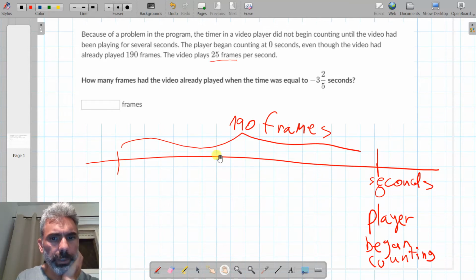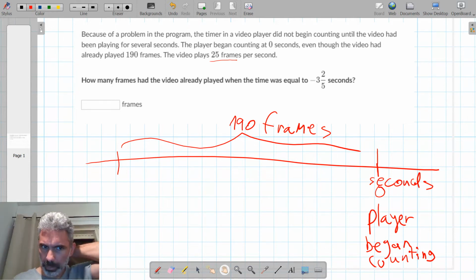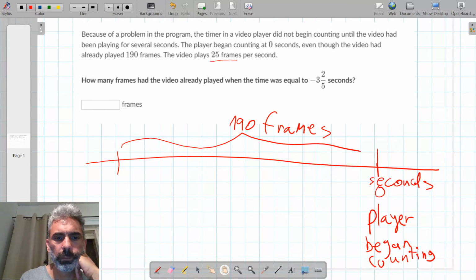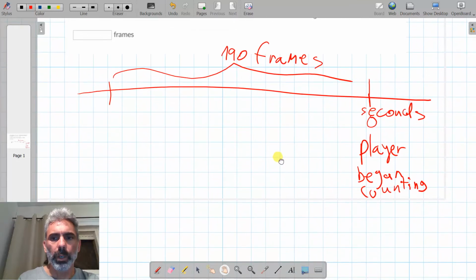Okay, so I need to find the point here, -3 and 2/5 of seconds. I need to find how many frames this means, and then calculate the difference. Because, okay.